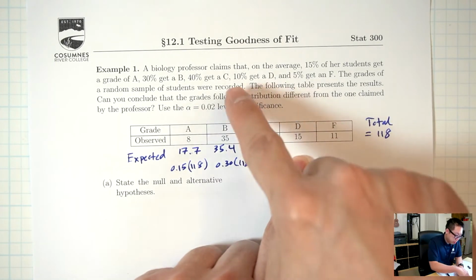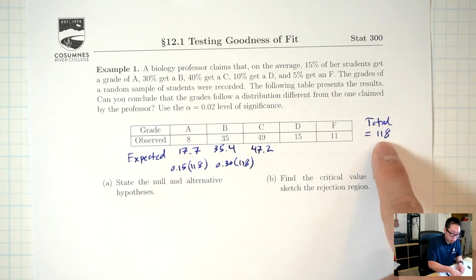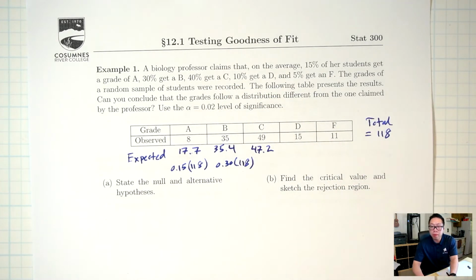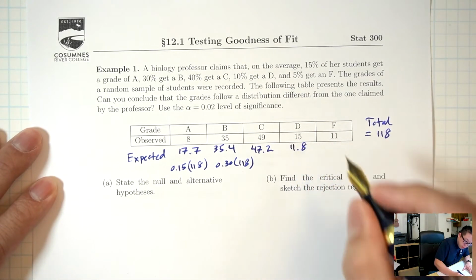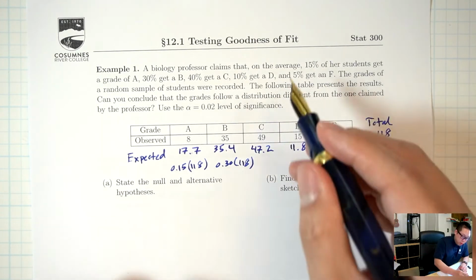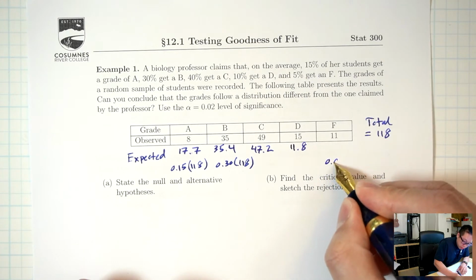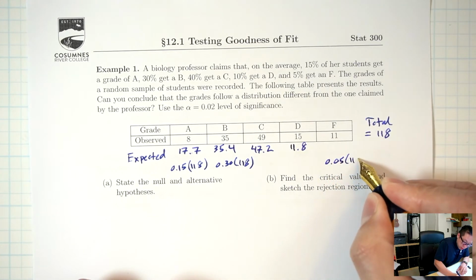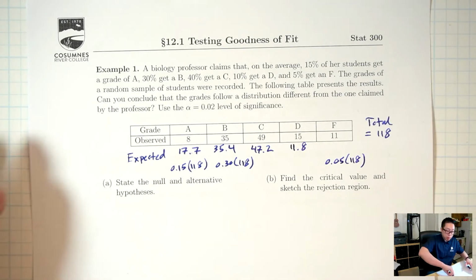D's, 10% should have gotten a D. That's going to be 0.10 times 118, 11.8. F's, 5%. Be careful here. 5% as a decimal is not 0.5, it's 0.05 times 118. 0.05 times 118, 5.9.